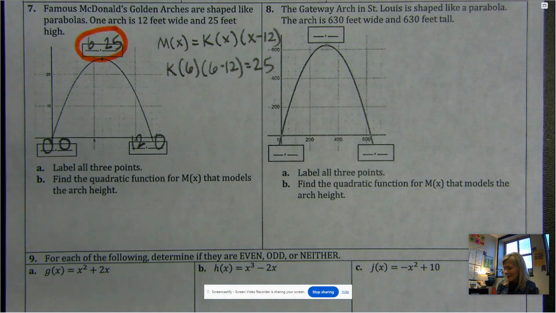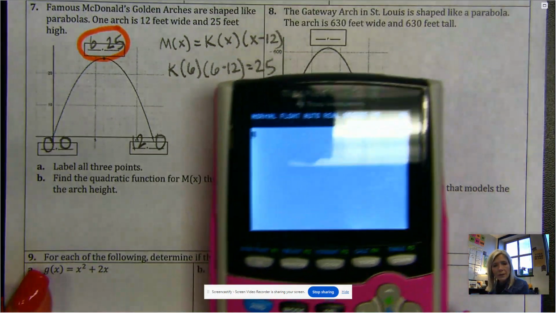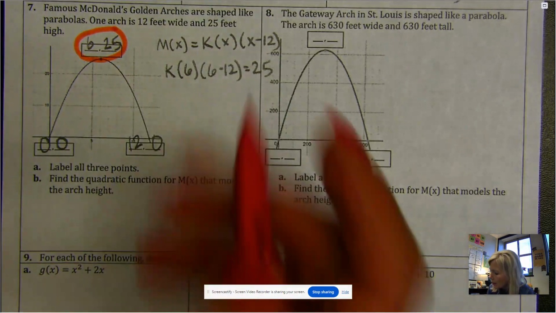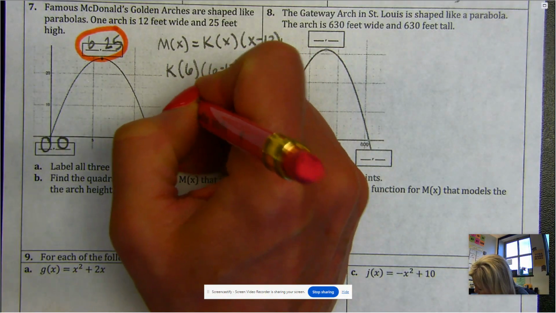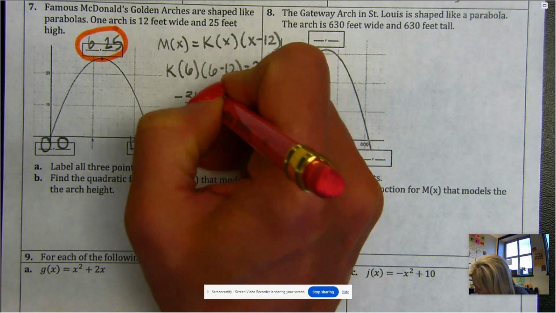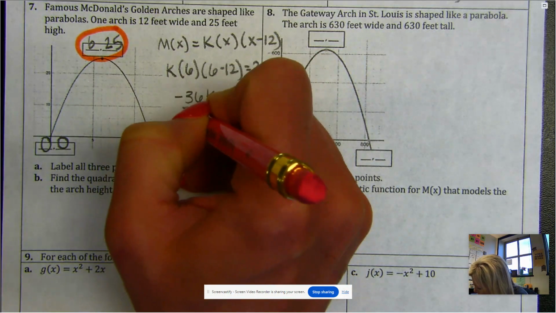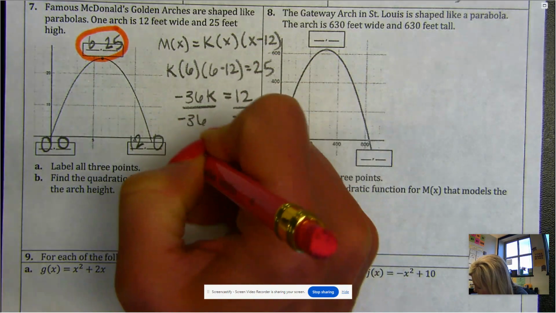So I'm going to do 6 times 6 minus 12, which is negative 36. Okay. So I know if this equals negative 36, then negative 36k equals 12. And so divide. So k.